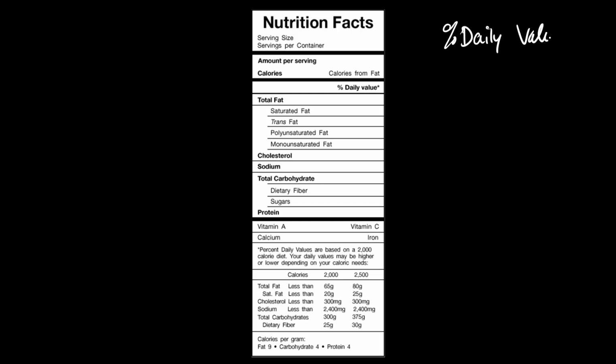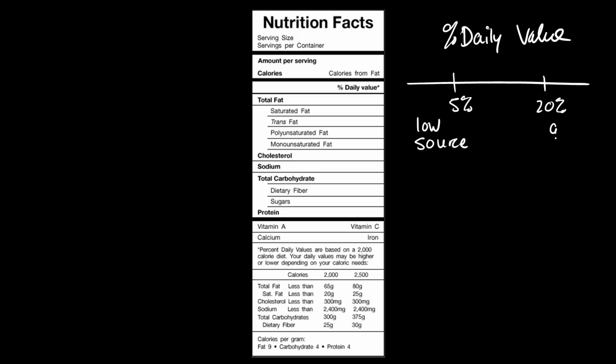So as a reference for the daily value, you might get things that fall above 20% or below 5%. If it's below 5%, that's another way of saying that's a low source or poor source of a certain nutrient. If it's more than 20%, that's actually a good source of a certain nutrient.